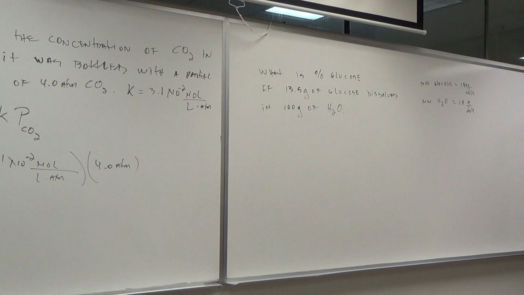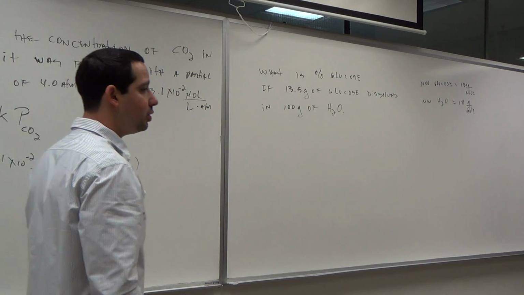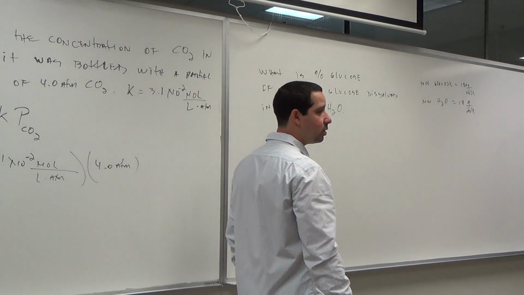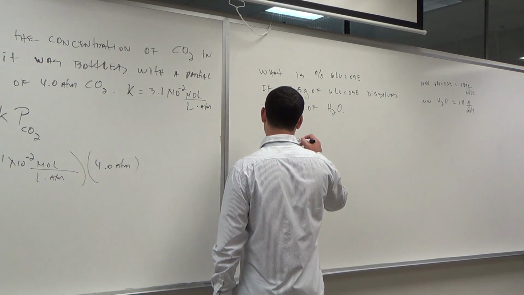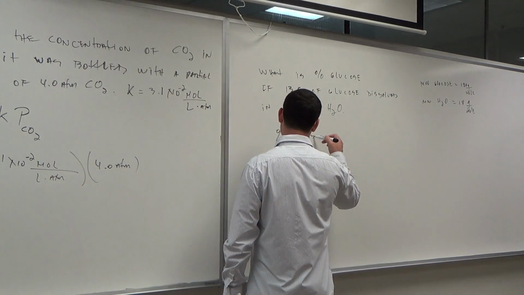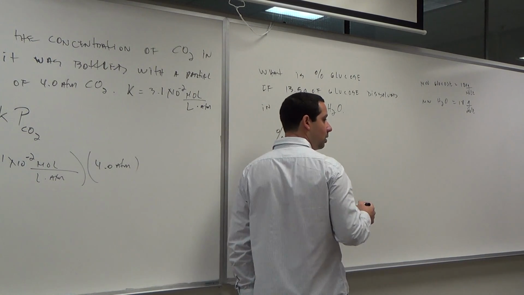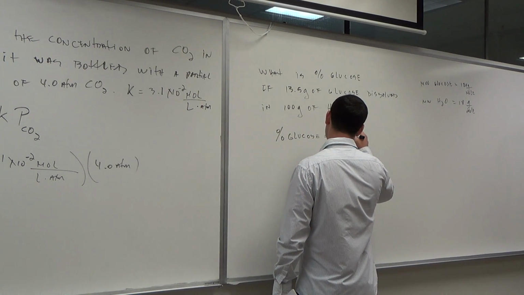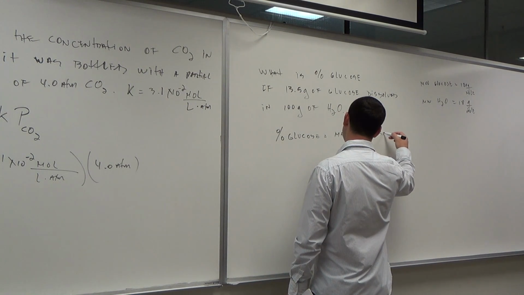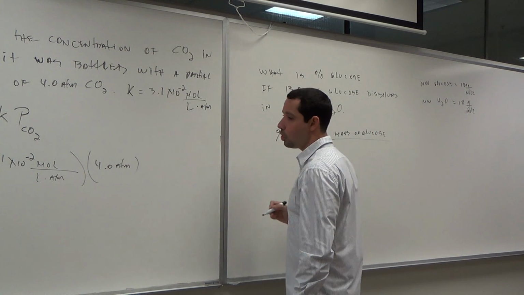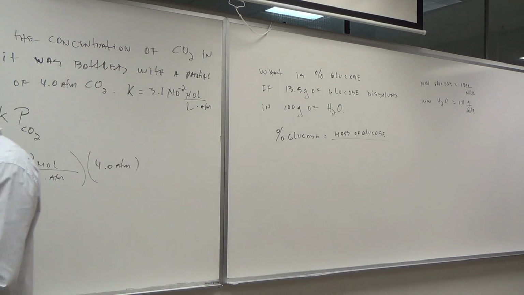So when you are trying to calculate percent by mass or percent glucose, what equation are you going to write down? The ppm equation? No. Which equation? The percent mass equation. Percent glucose is equal to the mass of solute, and the solute in this case is glucose. How do you know the solute is glucose? Well, it is present in the lowest amount.